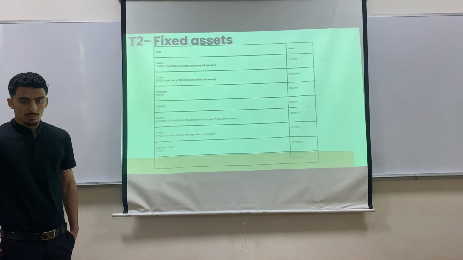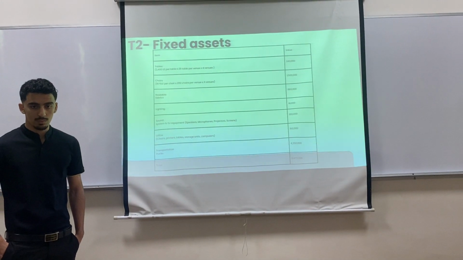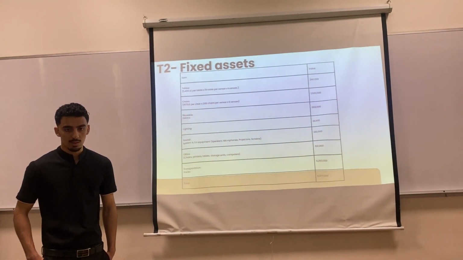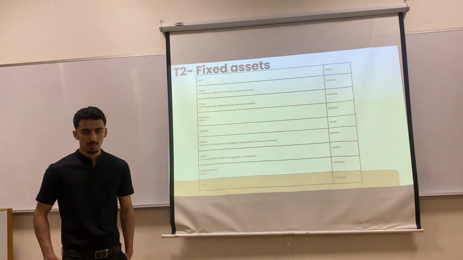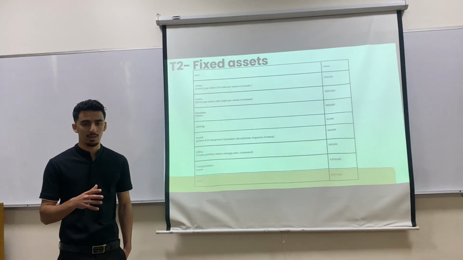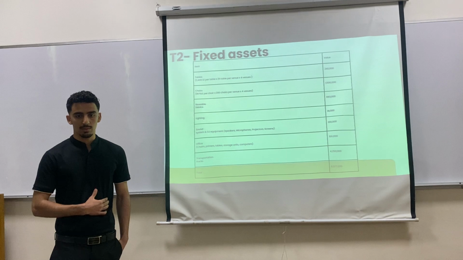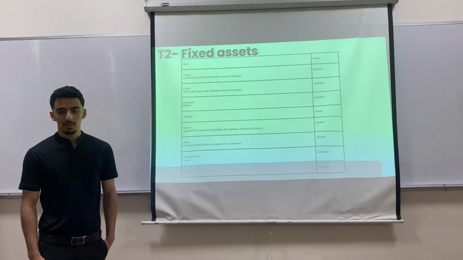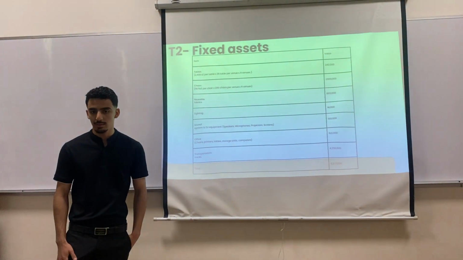The reusable fabrics are utilities, not included in the fixed assets. What do you think? Is it a fixed asset? Reusable fabrics? It's a fixed asset. Fabrics is a fixed asset? It's a fixed asset, it's something we use to make things with. Fabrics, fixed assets? Answer. Yes or no?